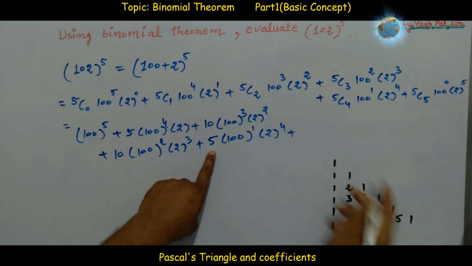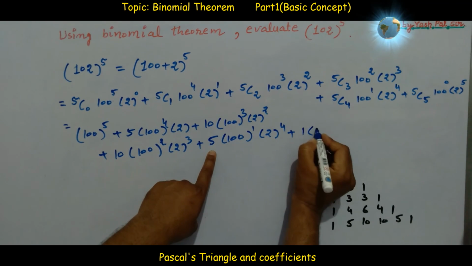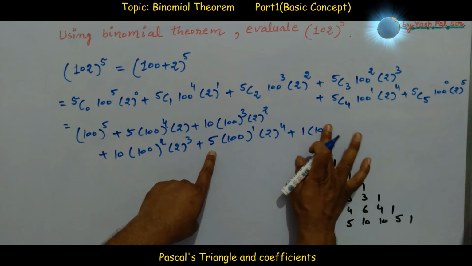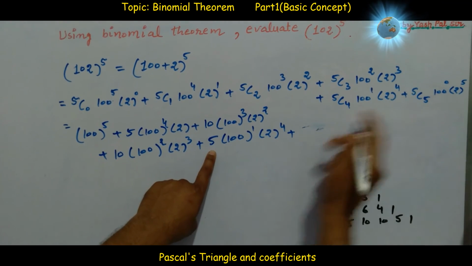The last coefficient is 1, 1 into 100 raised to the power 0 is 1, and last is 2 raised to the power 5.